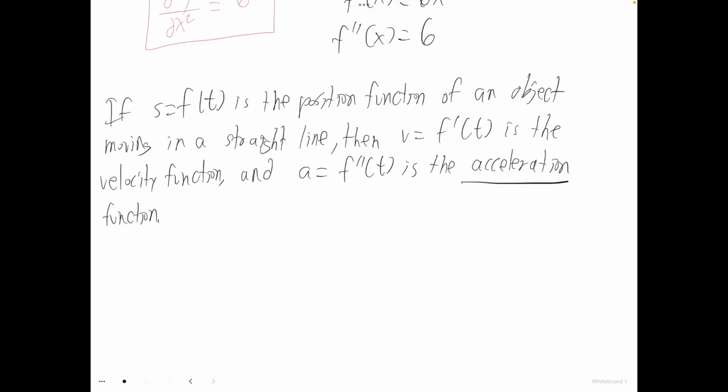And so if you want to figure out the acceleration of a particle, or of some object moving in a straight line, you take the second derivative of position. So this is the rate at which the velocity is changing. So this is like how much you are getting faster or getting slower inside of a car if you're moving on a straight line or something like this.